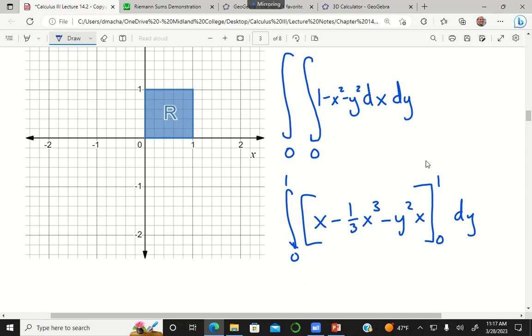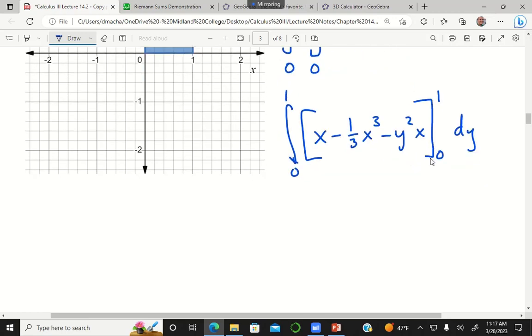Because remember, when I take the antiderivative with respect to x, I just pretend that y is a constant. So if I plug in x equals 0, all of those terms go to 0. I only really care about plugging in x equals 1. And plugging in x equals 1 is really easy. This would be 1 minus 1/3 minus y squared dy.